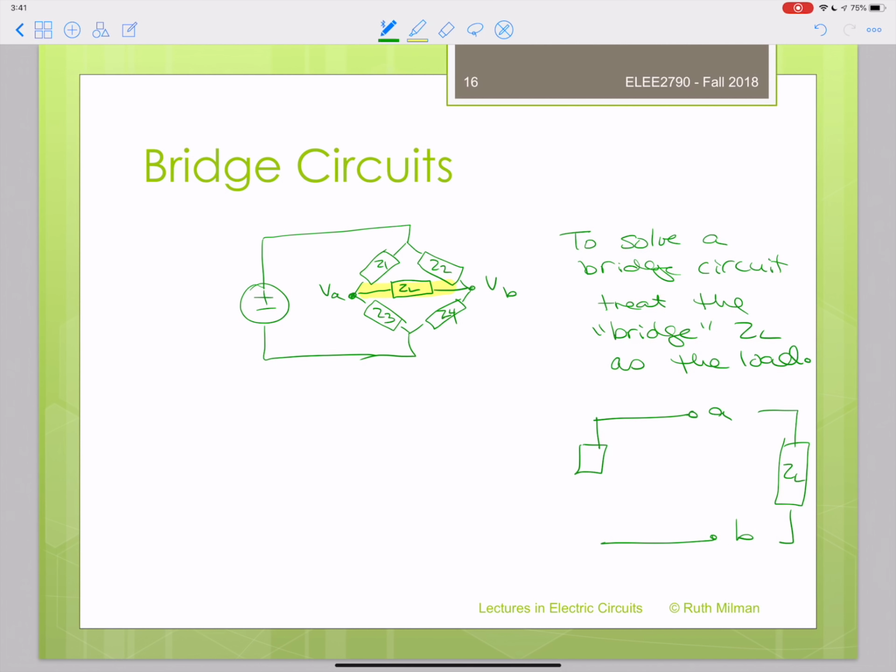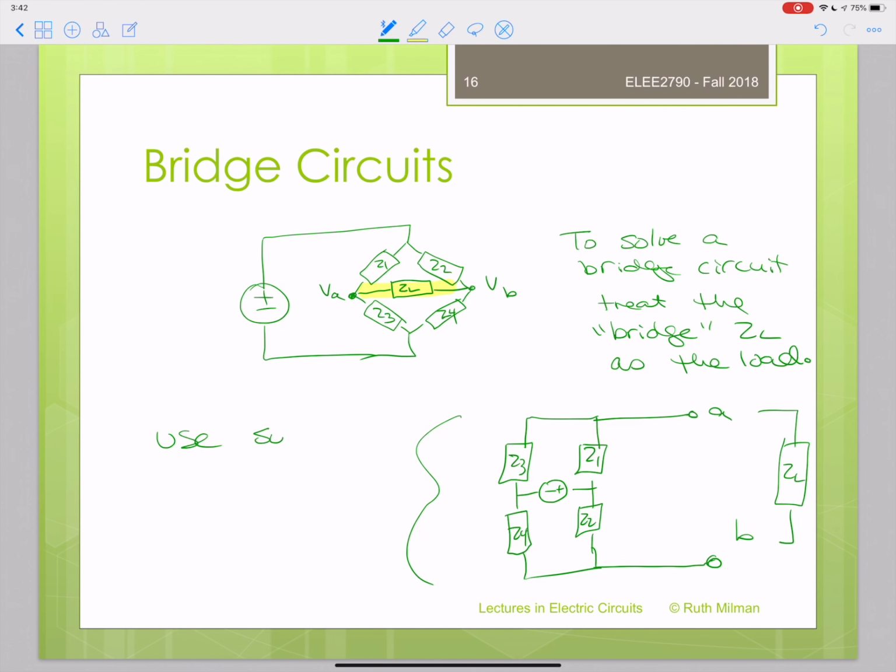So if we redraw the circuit so that it's in a configuration where it's more straightforward to follow, we have Z1, Z2, or Z3, Z4 being our two parallel paths, and of course in between these we have our source. Once you set it up this way, it's quite straightforward to use superposition. Let's just draw that slightly more neatly. It's quite straightforward to use superposition, KVL, and KCL to calculate.